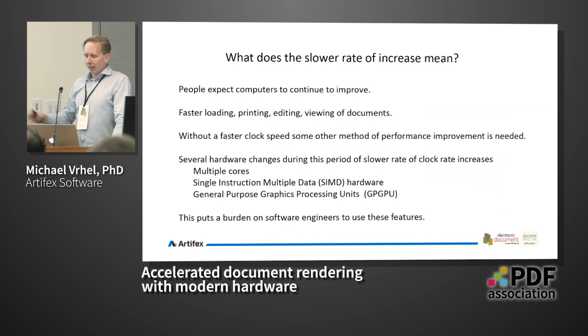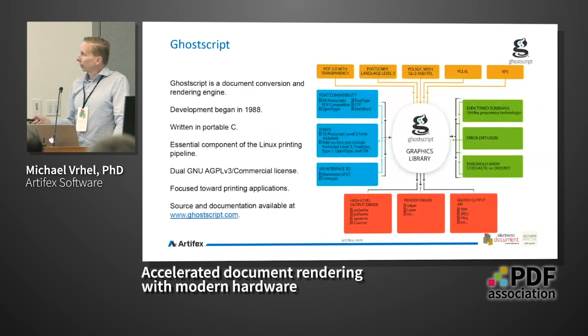To demonstrate some of that, I'm going to talk about a couple of open source projects that are used to implement some of these things. One is Ghostscript. You've probably heard of Ghostscript from way back when. It's a document conversion and rendering engine, dating back to 1988, originally developed for PostScript.